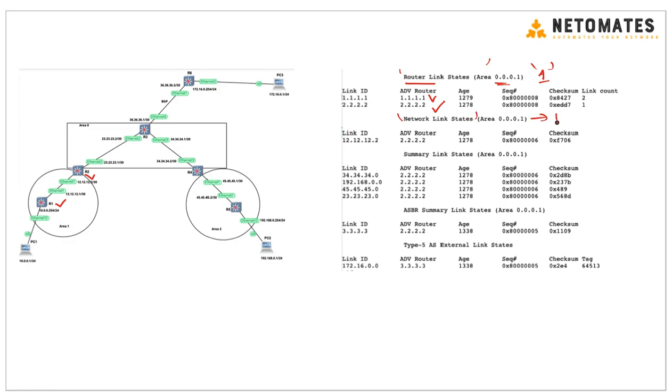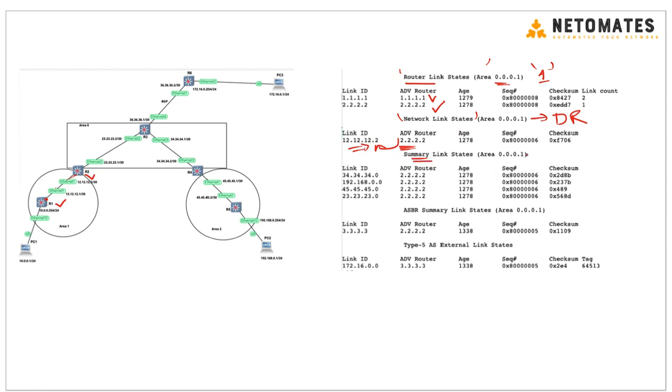This will usually be advertised by the DR. Even though we have only two routers directly connected, we didn't configure this as a point-to-point link. That's why the DR/BDR election happens and R2 will become the DR, because default priority is 1 for both, and the router ID of R2 is highest compared to R1. So that's why it is selected as the DR, and it is generating the LSA about its network ID and the attached routers.